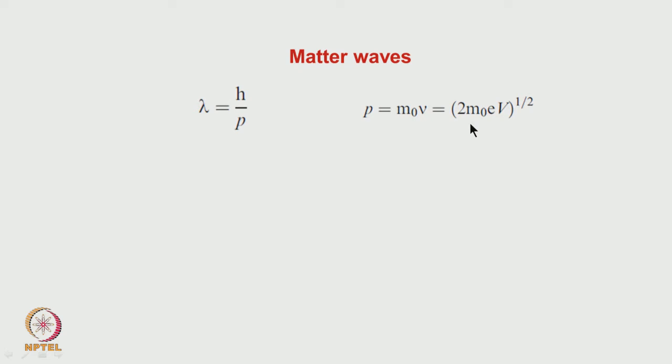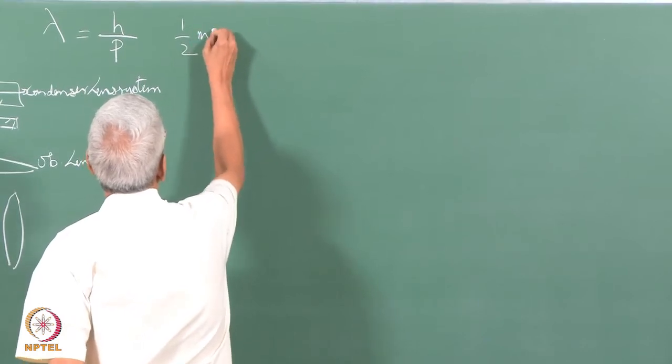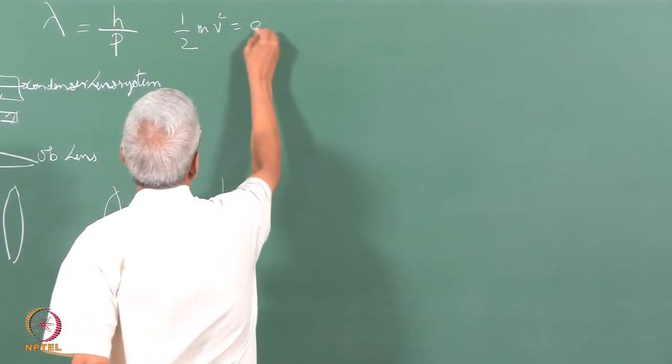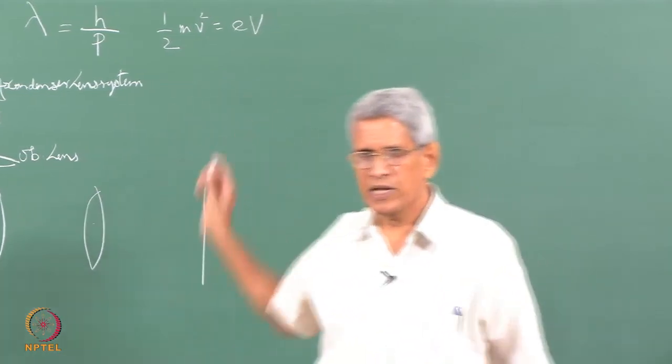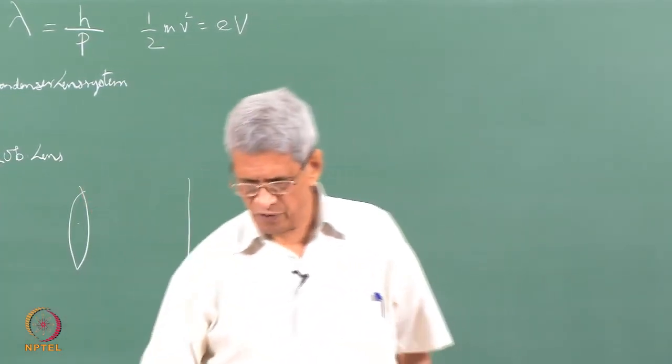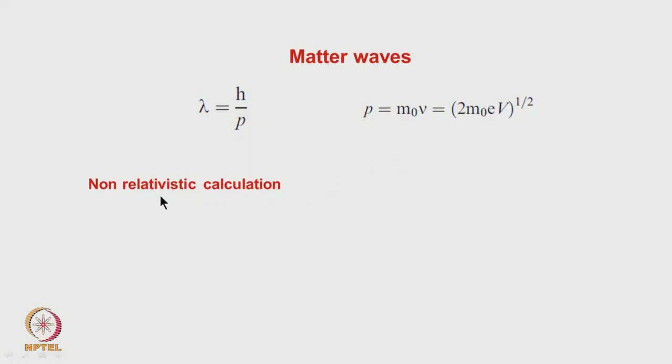If we apply a particular voltage to accelerate the electrons, then we can equate half m v squared to e times V, where V is the voltage applied and e is the charge, that is also in terms of energy. From this we can find the velocity, substitute, and get the formula for the non-relativistic case, which is given here.